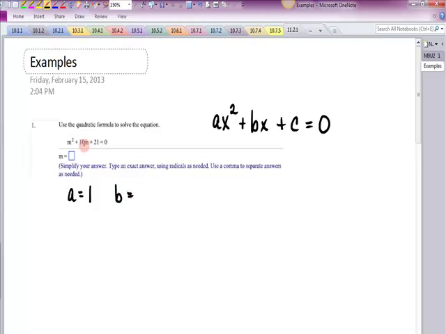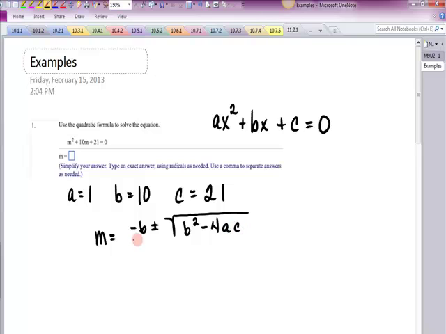B is the coefficient of the m term, so it's a 10. C is the constant, so it's a positive 21. Now, m is equal to negative b plus or minus the square root of b squared minus 4 times a times c, all over 2 times a.